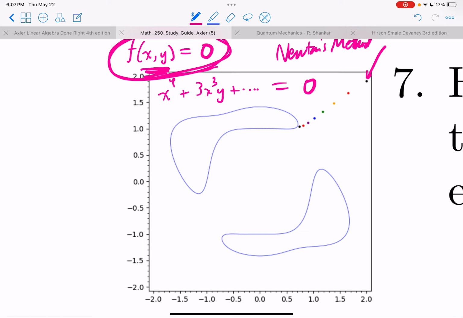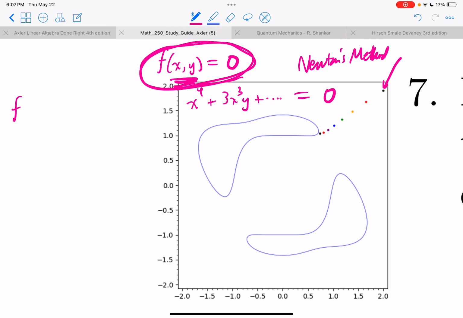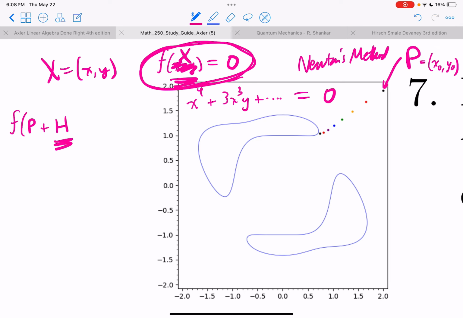So what you do here is use calculus, and instead of x comma y, let's just say capital X, a shorter way to write that. We're going to start at a point P, like x naught, y naught, and we want to find a movement vector h such that f of p plus h is 0.